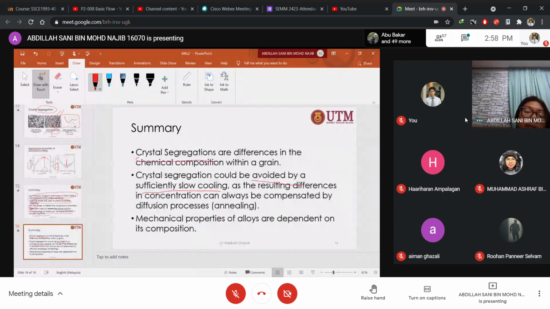And lastly, we took a look at how it changes the mechanical properties of the material, and that's wrapped up.